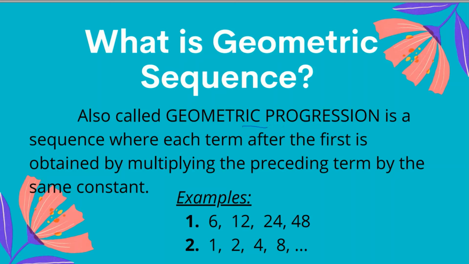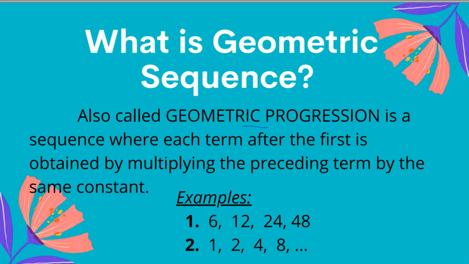So for example, we have 6, 12, 24, 48. As you noticed, we are multiplying each term by 2. So we have 6 times 2 is 12, 12 times 2 is 24, 24 times 2 is 48. So therefore, that same constant that we are multiplying to each term is 2.